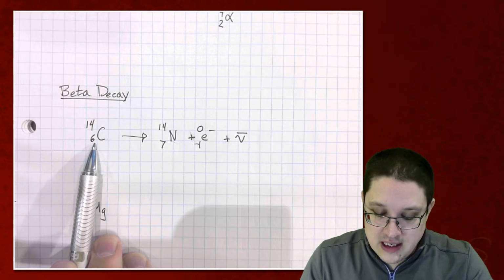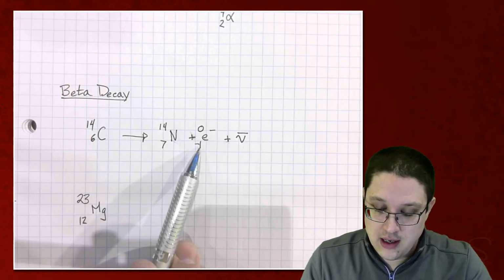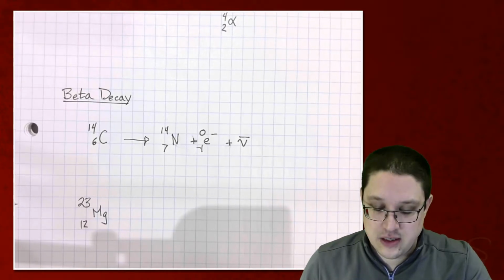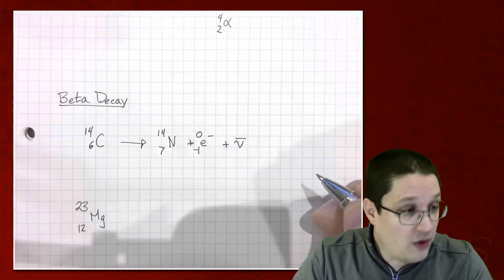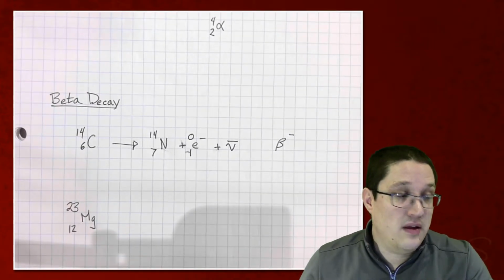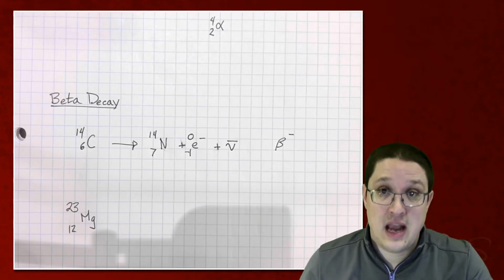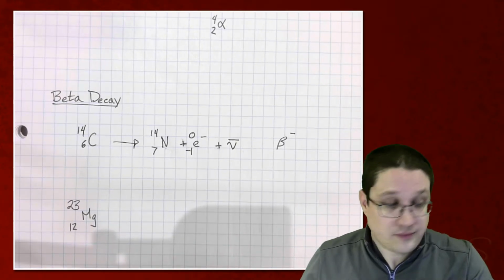In other words, in this case, a neutron turned into a proton and squirted out an electron and an antineutrino. So this first one here is called beta negative decay. There's the Greek letter beta. We refer to that as beta negative decay because we create a negative particle.